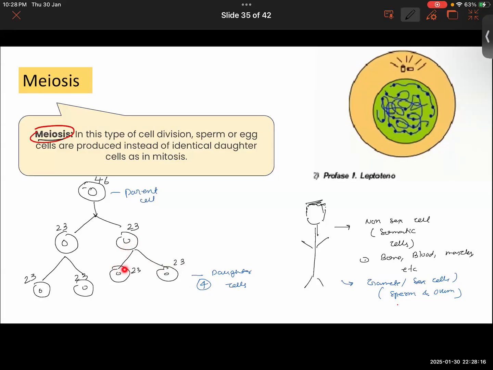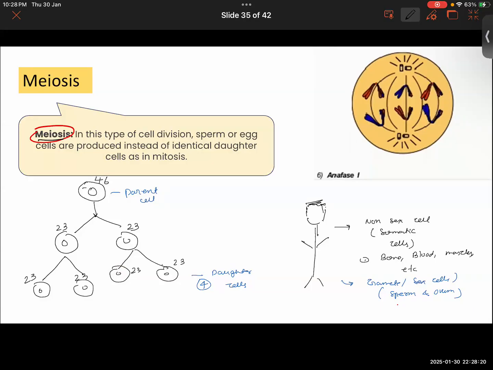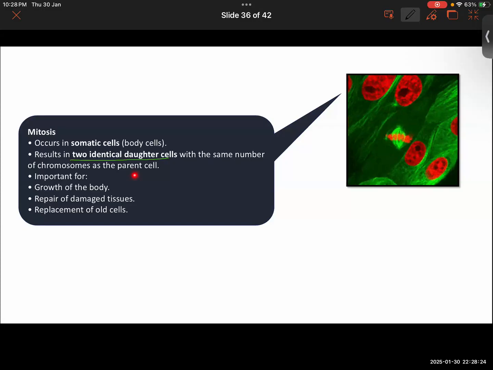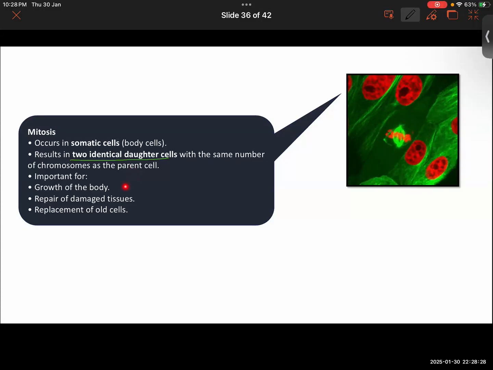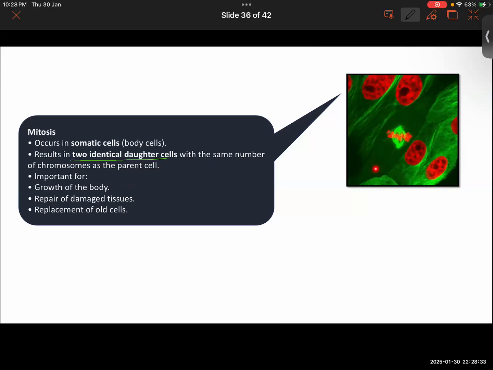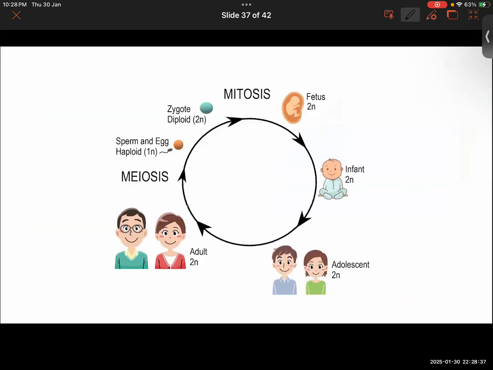In the case of mitosis, it occurs in the somatic cells, in the body cells particularly. Division takes place only once and results in two identical daughter cells. That was the key difference between the two.